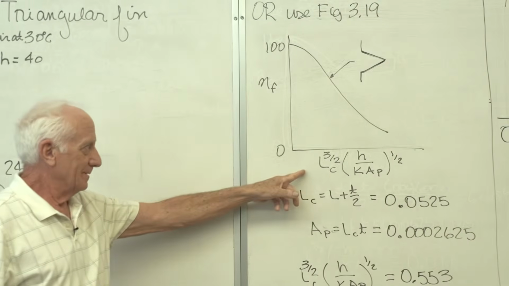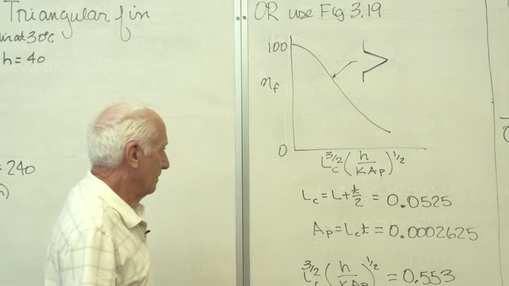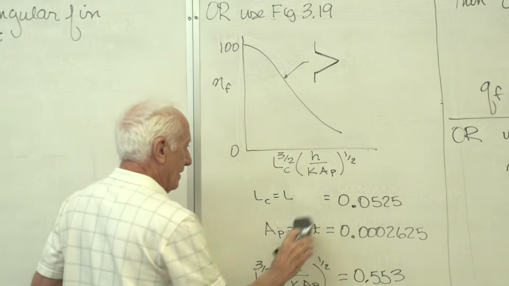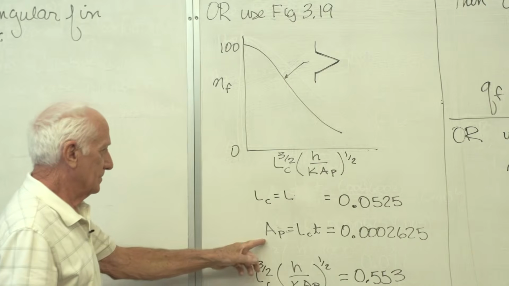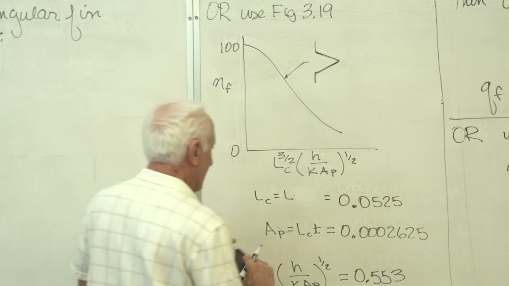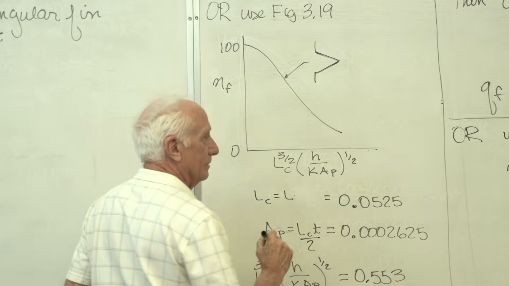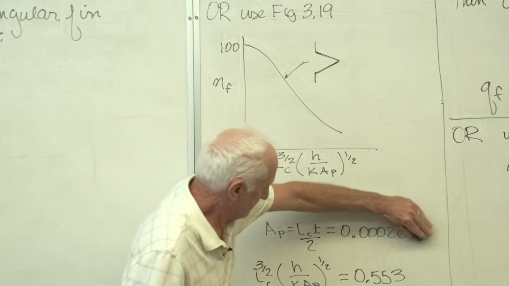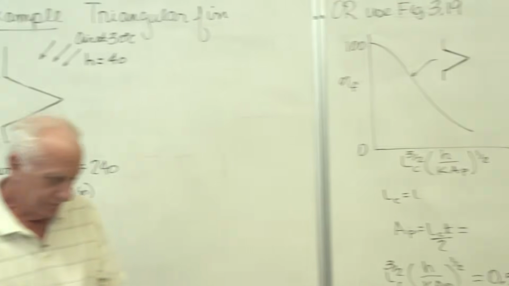It has the same x-axis parameter, but next to this picture, it says that's L sub C. Next to the picture, it says L sub C T over 2. So I do that.